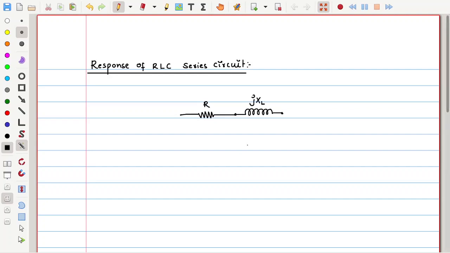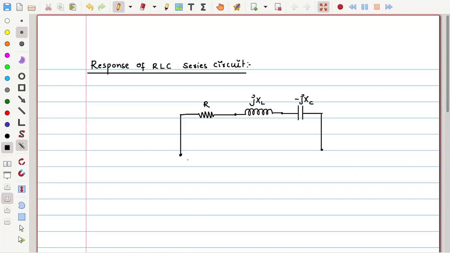Similarly, we have a capacitor whose capacitance is C, but its impedance in an AC system is minus jXC. And these three elements are connected in series like this.